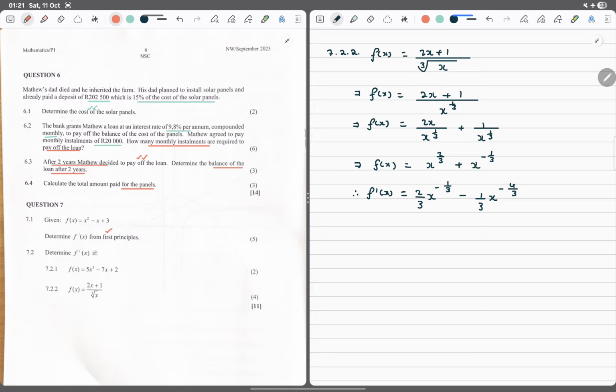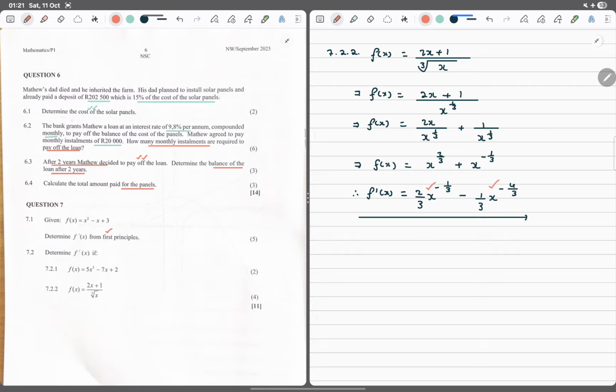Let me check and be sure. Yeah, that's good. 2/3 minus 1. It's minus a third. So this is good. Essentially, guys, I prefer to leave it here. The issue of changing to exponents and radicals is not necessary here.